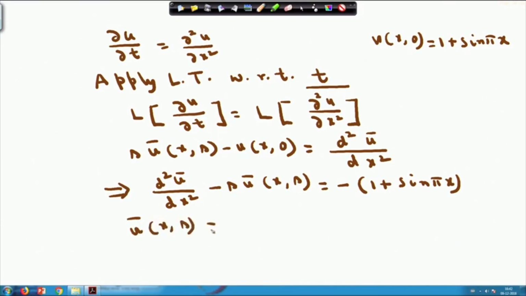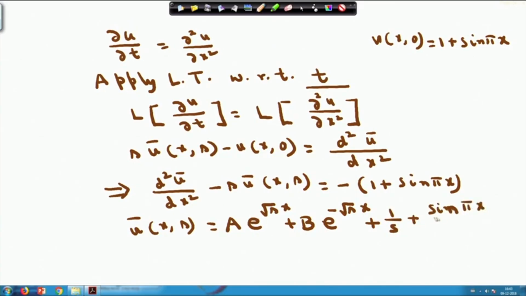The CF part will be, if this is 0, a e to the power root s x plus b e to the power minus root s into x, and in this case your PI will become 1 by s plus sin pi x by (1 plus pi square plus s). You will obtain this. You should check this thing.